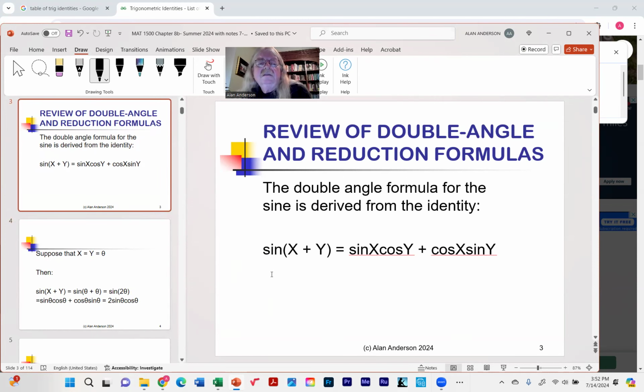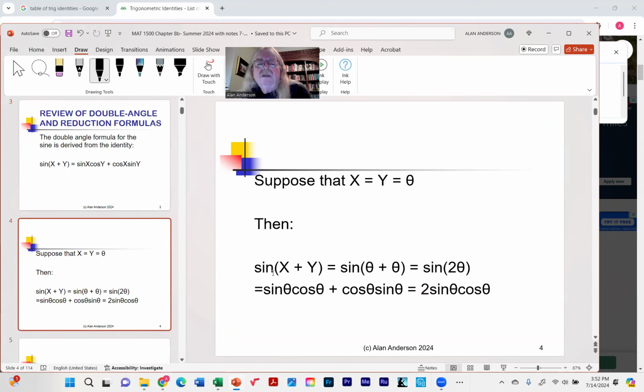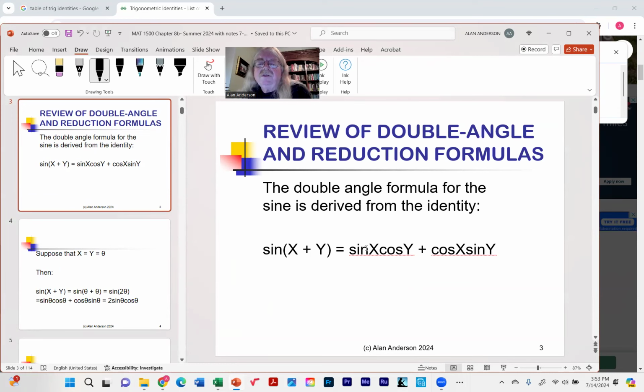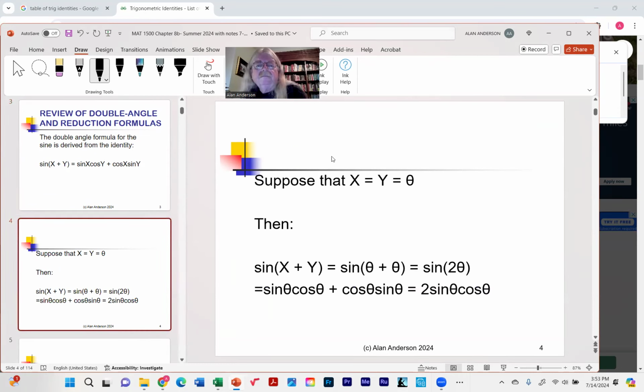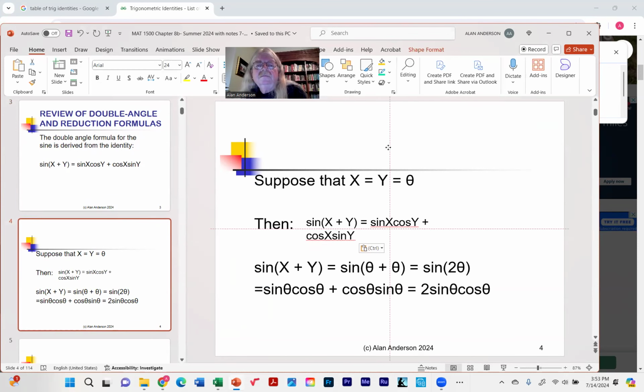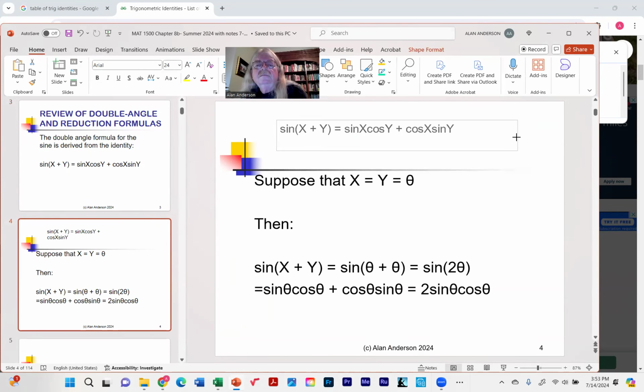All right. Now, what if x and y are both equal to the same angle, theta? Then the sine of x plus y could be rewritten as sine theta plus theta, sine 2 theta, which we were just told equals this. And now we simply replace the x's and y's with thetas.